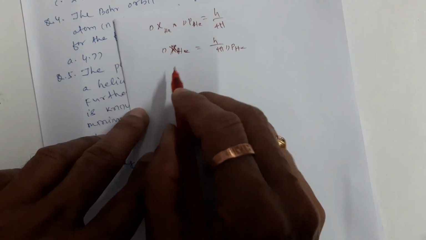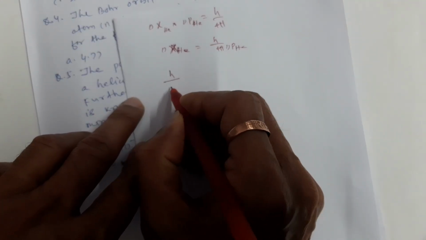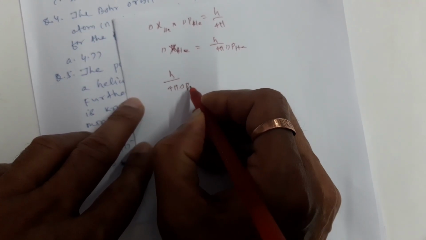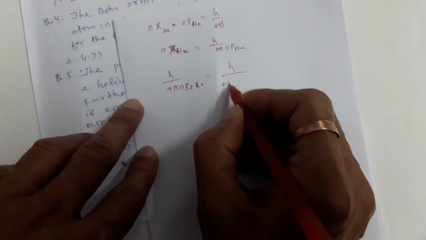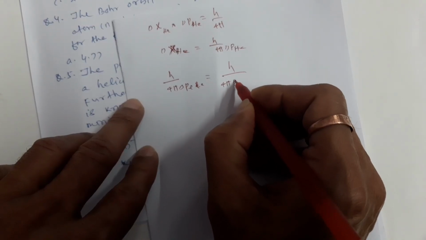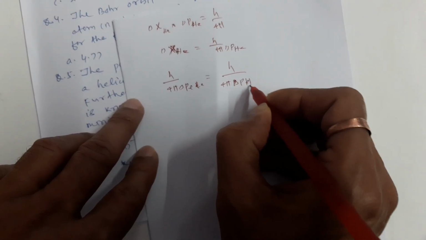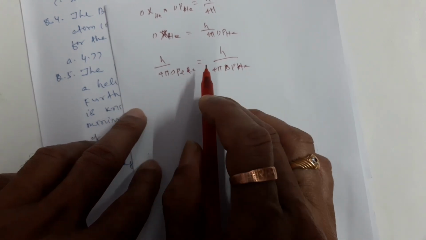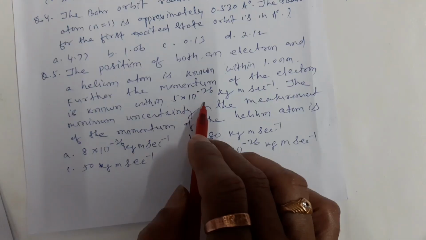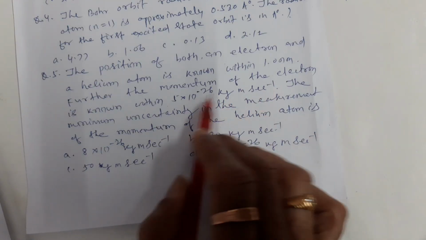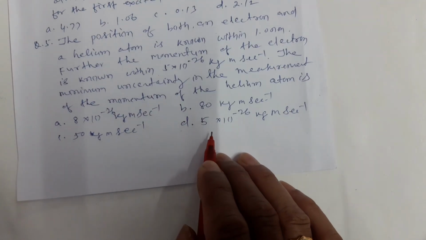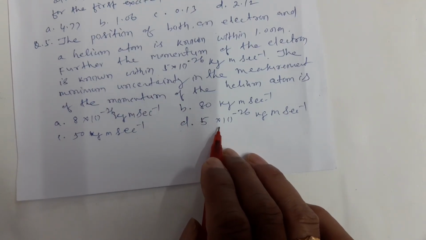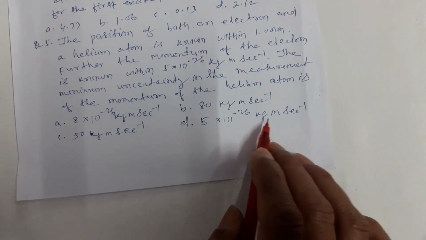Both are the same, therefore h by 4 pi delta p of electron is equal to h by 4 pi delta p of helium. So what is the value given here? It is for the electron, so for helium also it will be the same. So you will get choice D as the correct answer: 5 multiplied by 10 to the minus 26 kg meter per second.